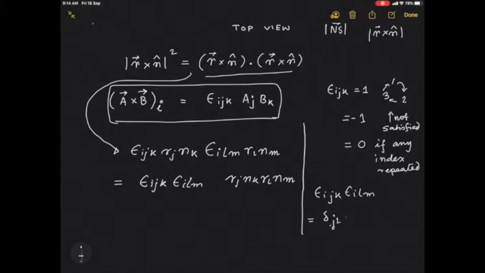So this comes out to be a Kronecker delta: first j with l, second here and second here, times k with m, third here and third here. This minus, now I take the second from the first and the third index from the second epsilon, and then the rest. It's very easy to remember: second, second, third, third, minus second, third, third, second. Let's put that back here.